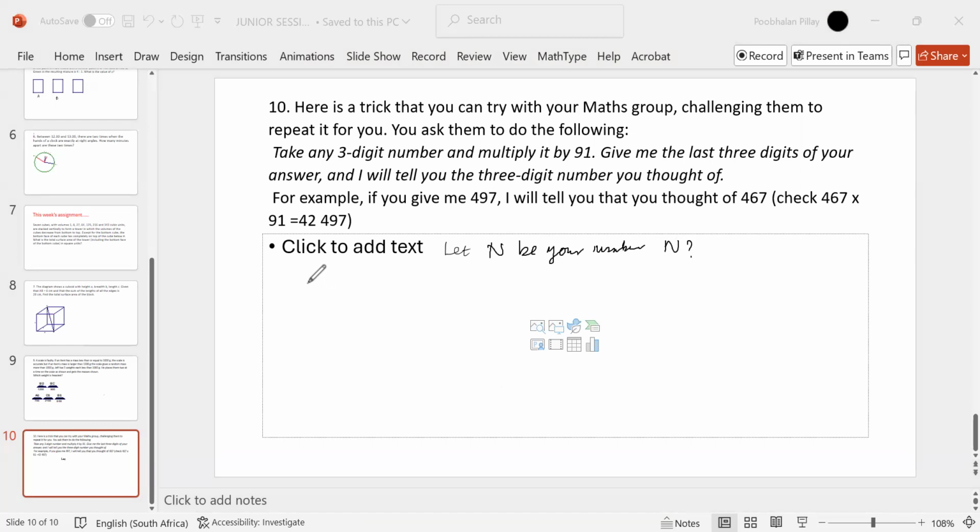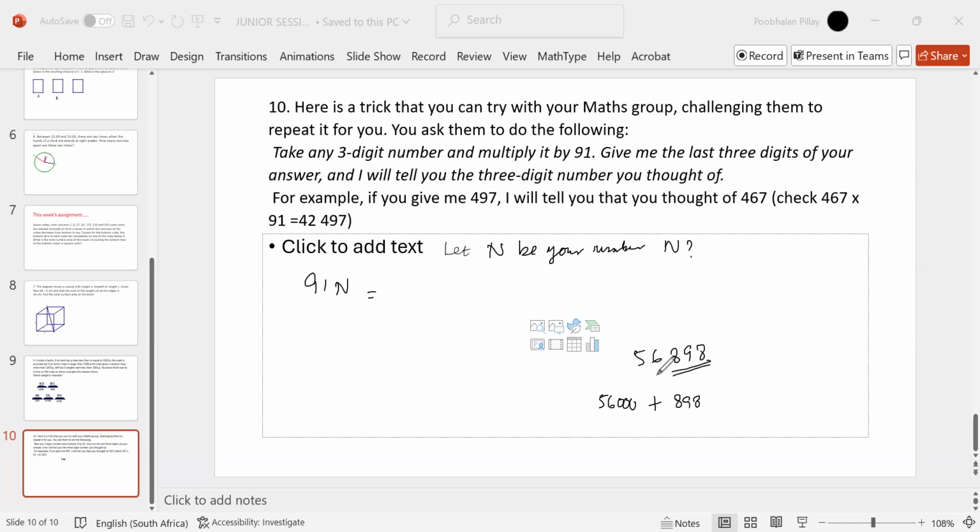I told you to multiply it by 91. 91n, right? And you got some answer. And I asked you to give me the last three digits of your answer, right? So if I got a number like, say, 56,898, the last three digits is actually 898, and the rest is 56,000.